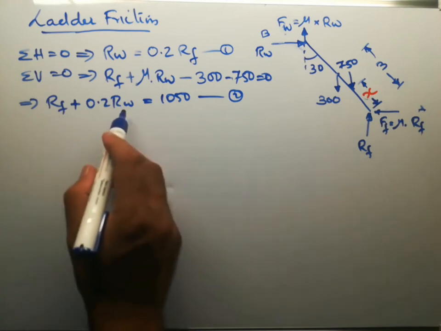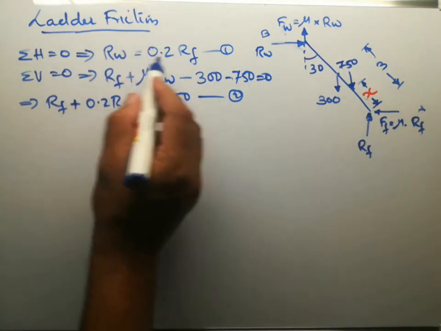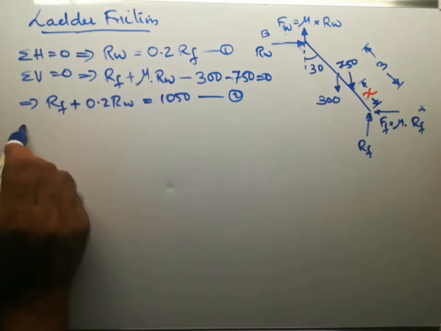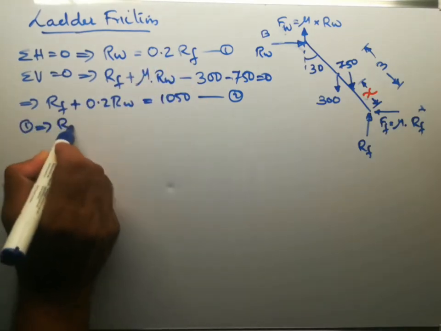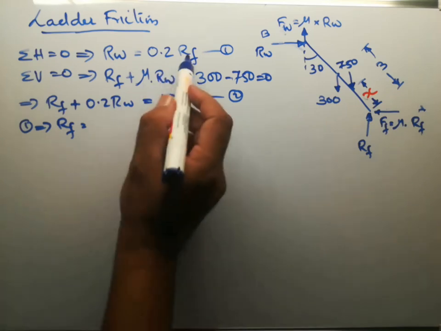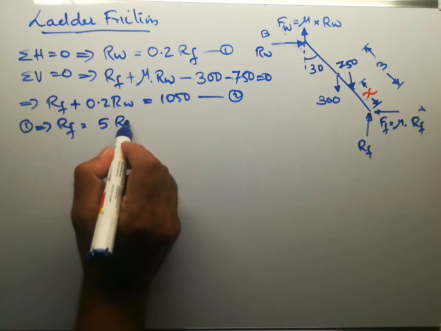So Rw is equal to 0.2 Rf, or you can write from equation number 1, Rf is equal to Rw by 0.2. That is 5 Rw.